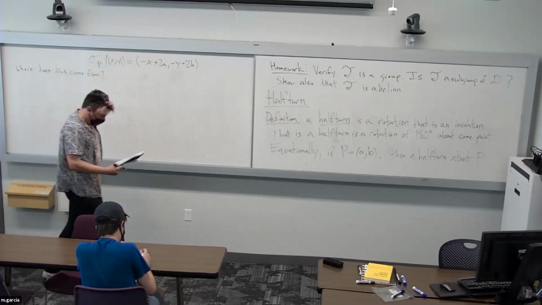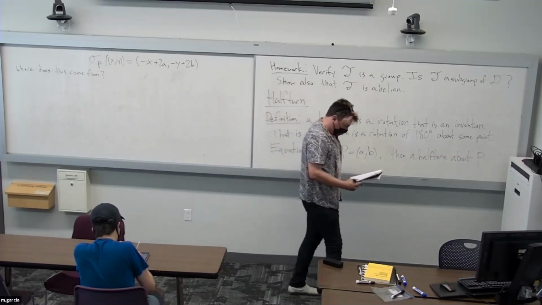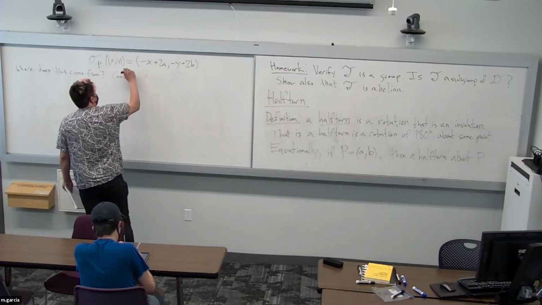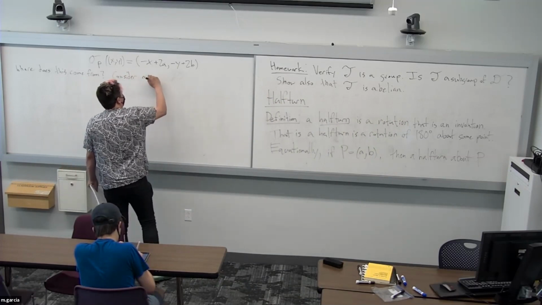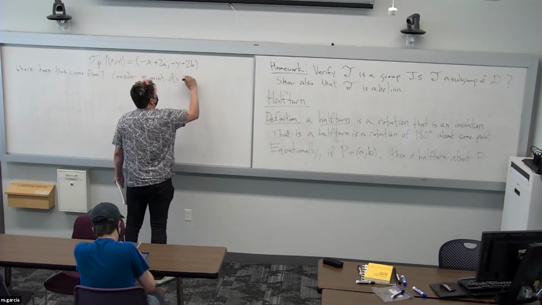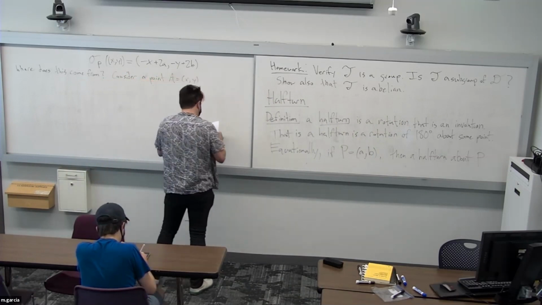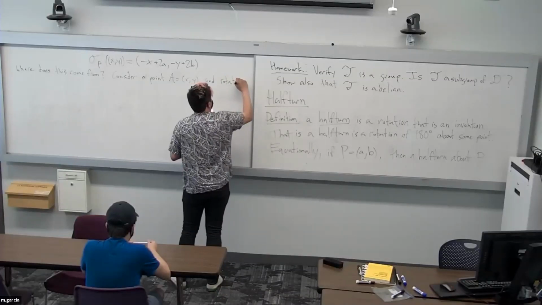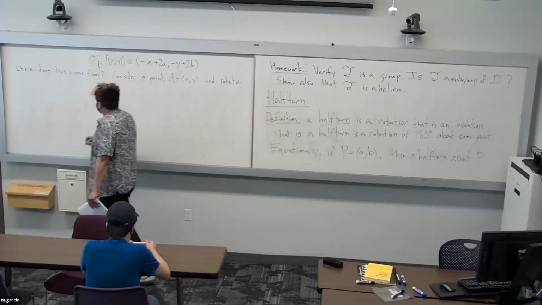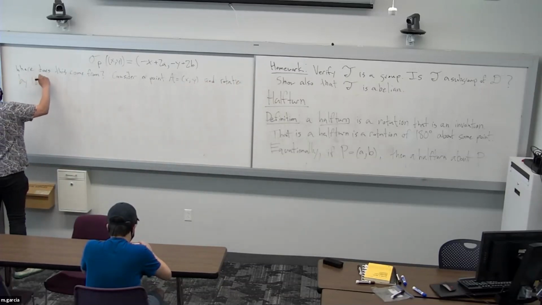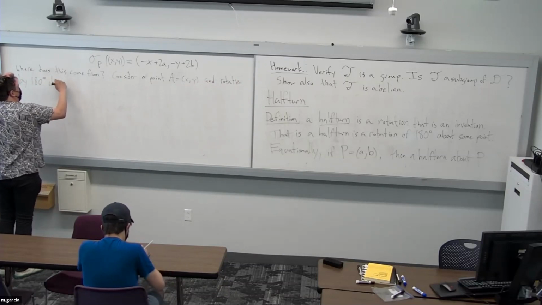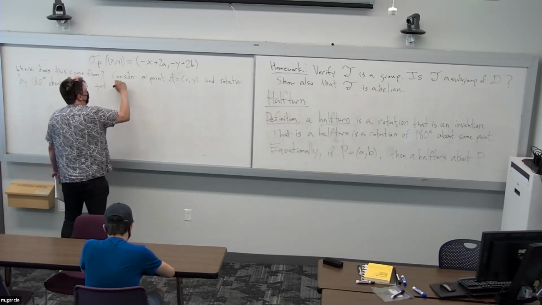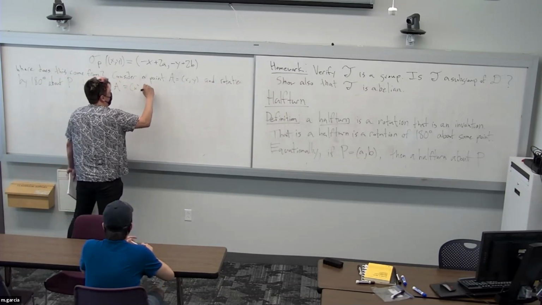Well, where it comes from is we consider the point A, which is x comma y, and rotate by 180 degrees about P to get A prime, which we'll just call x prime, y prime.